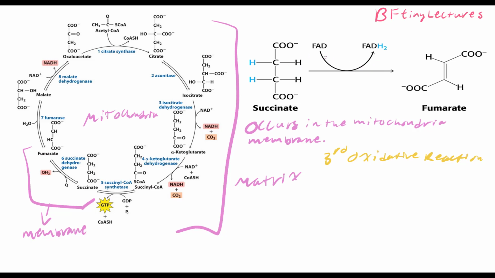So what else can I say? Well, over here, we're going to be creating FADH2. In the picture, it is written as QH2. Some textbooks do that. However, in this class, we're going to be calling it FADH2.